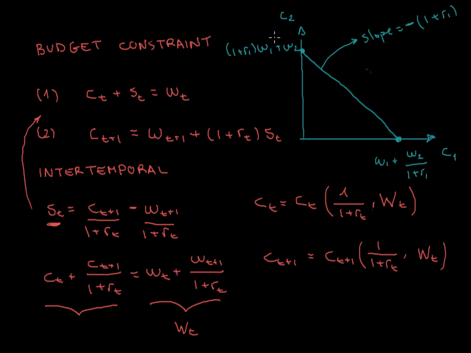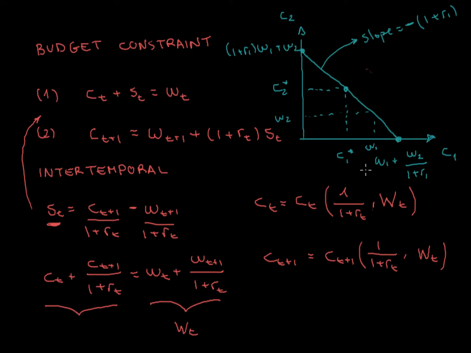This is the budget constraint, and let's say that we are here. This would be the optimal point, so this would be consumption 1 and consumption 2, the optimal ones. And here, let's say we have the level of wealth: this is wealth 1 and this is wealth 2.